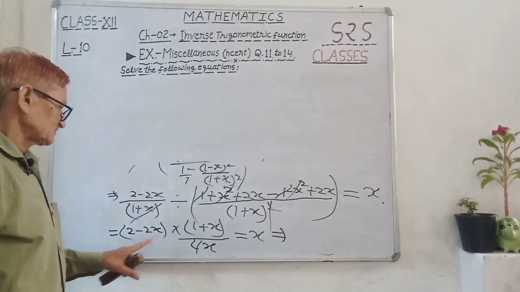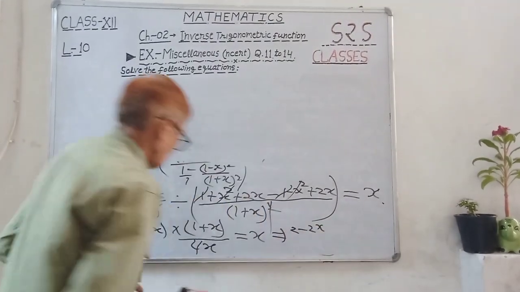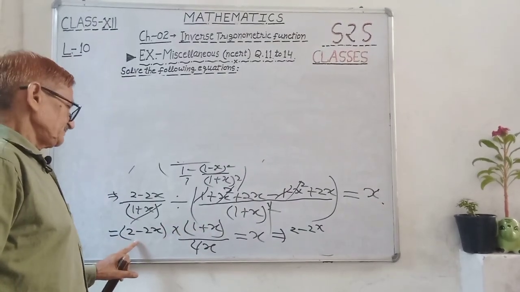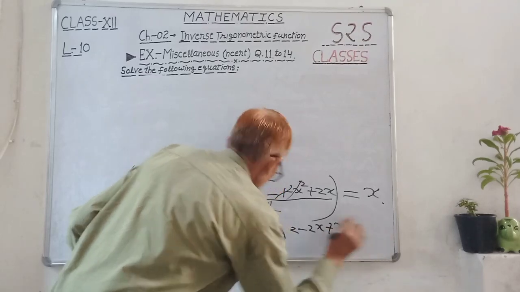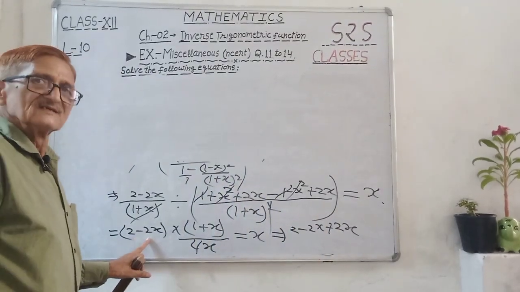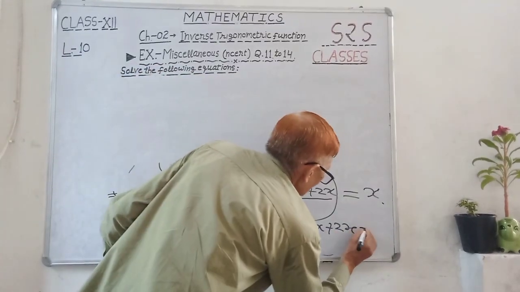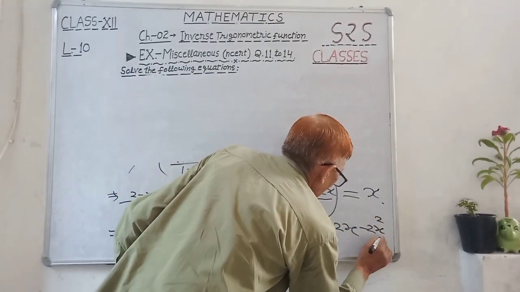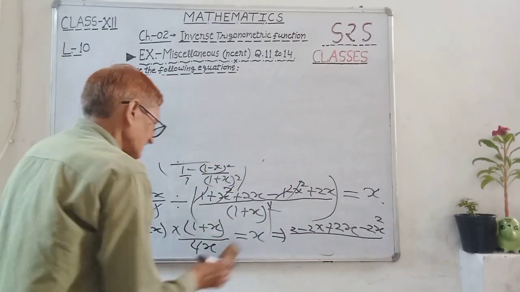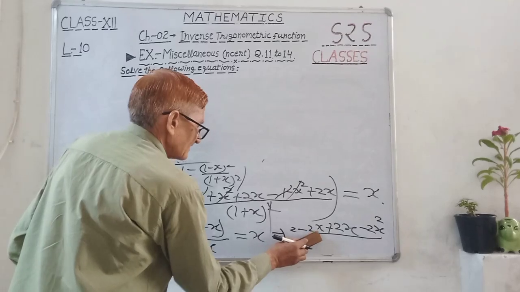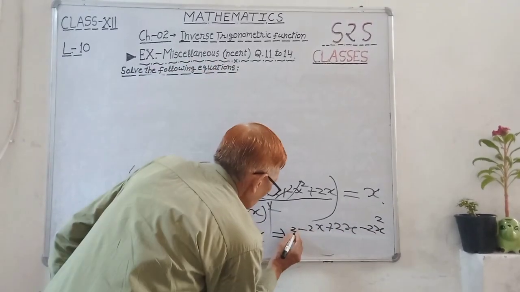So 1 into 2 minus 2x, so 2 minus 2x, and then x with this 2x plus 2x, plus x into minus 2x, so minus 2x square, minus 2x square upon 4x, and 4x will go that side.